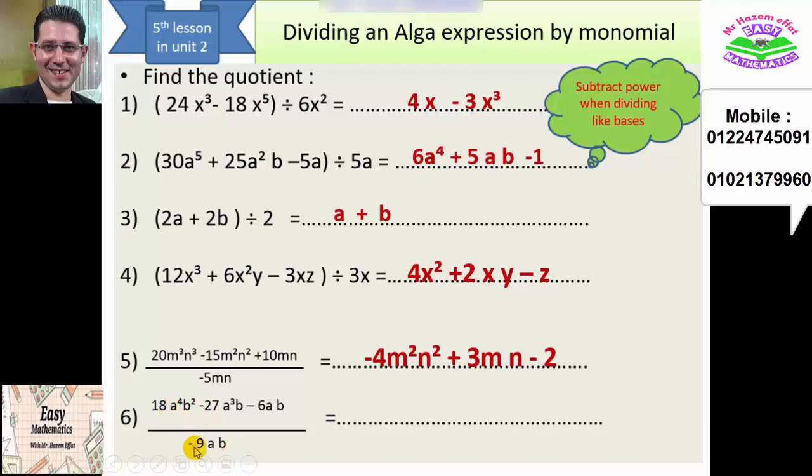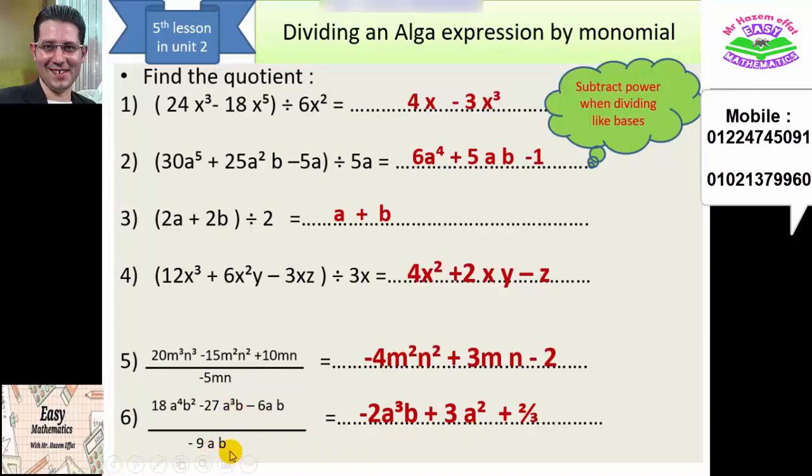By doing the same, dividing each term by this monomial, we can find the result. 18a^4b^2 divided by negative 9ab equals negative 2a^3b. Dividing negative 27 by negative 9 equals positive 3, and a^3 by a equals a^2.